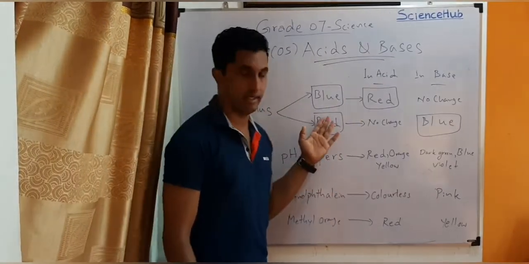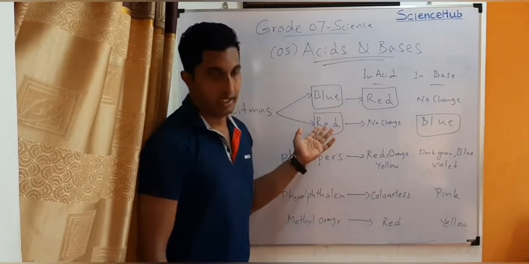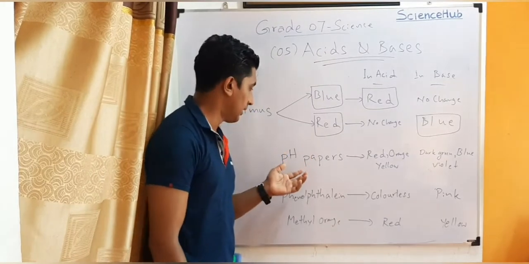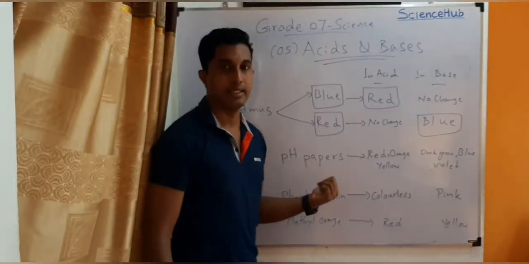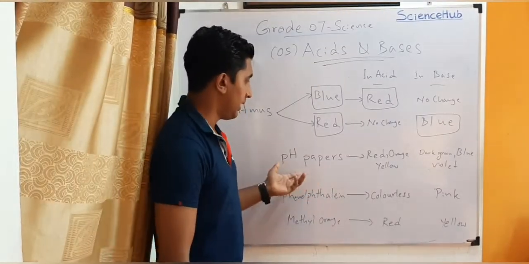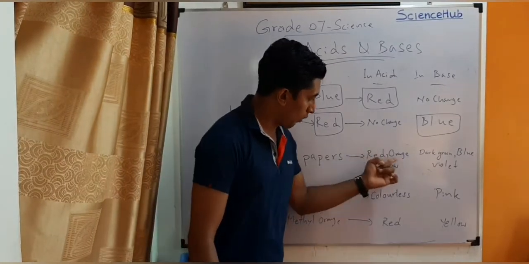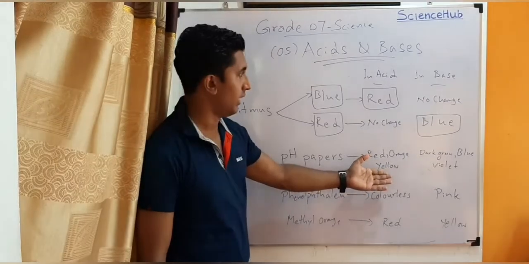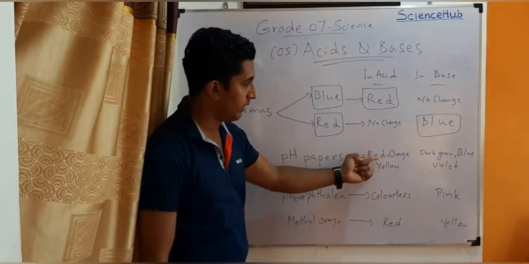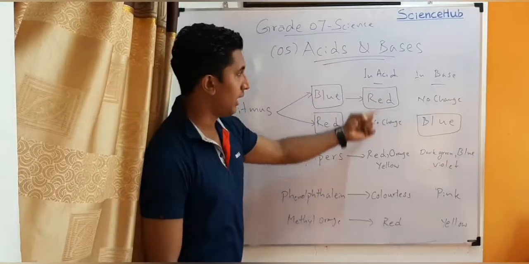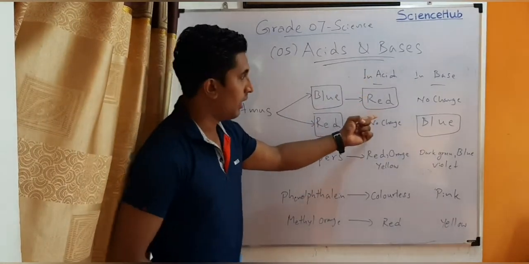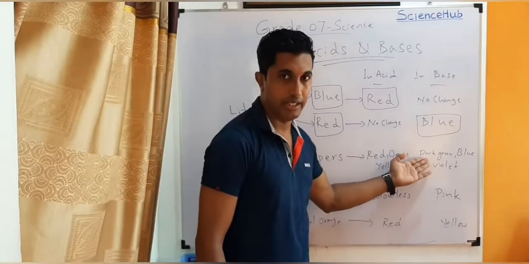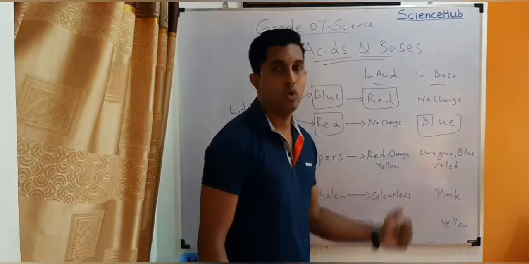These are the very common indicators that we use in laboratories. The other one is pH papers. pH papers show red, orange or yellow color in acidic medium, and in basic medium they show dark green, blue or violet.